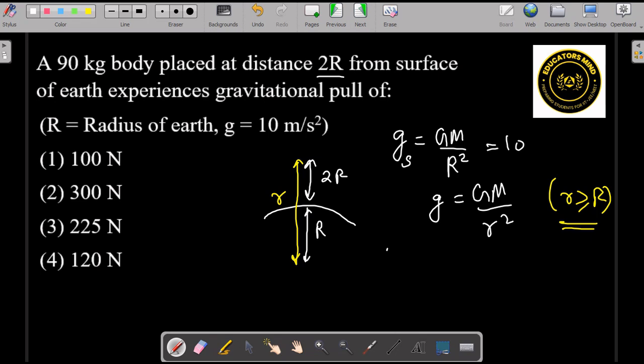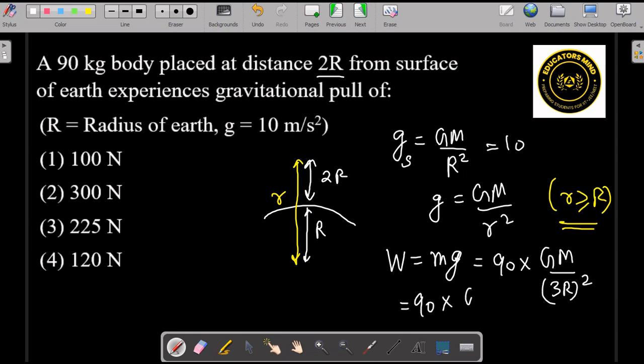So gravitational force or weight is equal to m into g. So mass is 90 kg. This g becomes GM by total distance. Here r becomes 3R, right? Height plus radius, so 3R whole square. So you will see that this becomes 90 GM by 9R square.